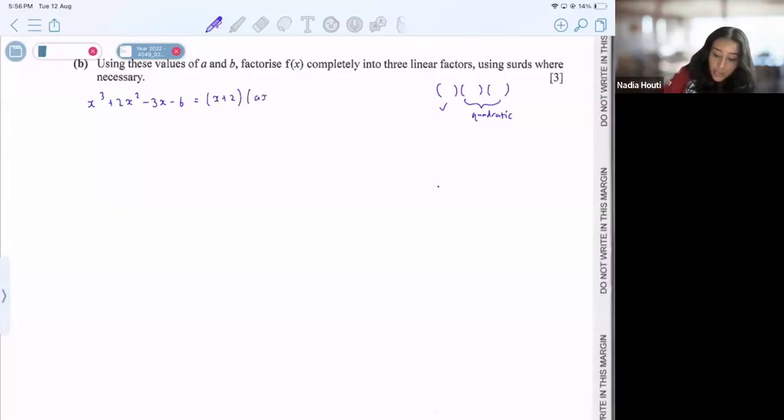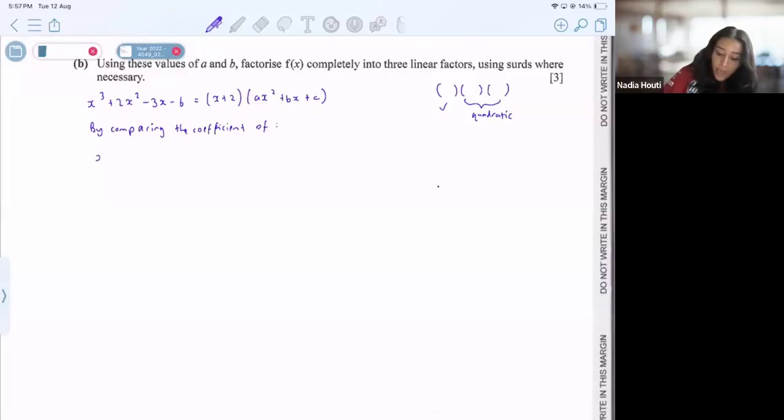Let's just call the quadratic ax squared plus bx plus c. This is the general form of any quadratic. We just don't know what a, b, and c are yet, and that's what we're going to solve. First, we're going to compare the coefficients to solve for a, b, and c.